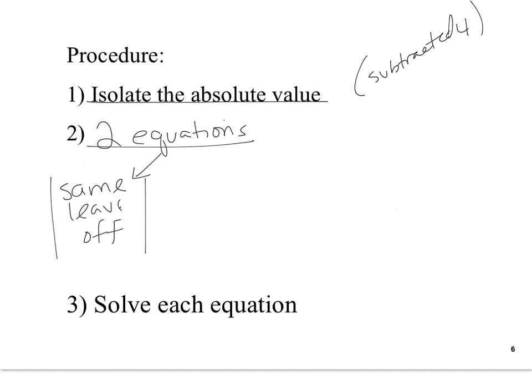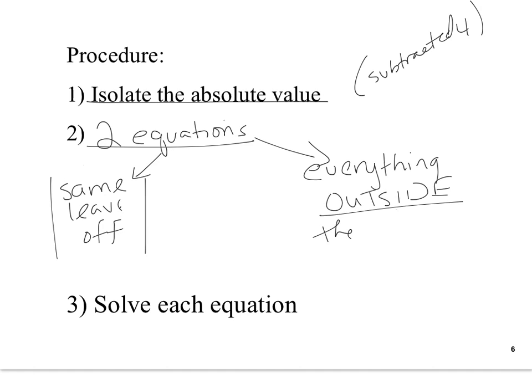And then the second equation is everything outside the absolute value changes. So inside the absolute value stays the same, outside the absolute value changes. And then solve each equation, done.